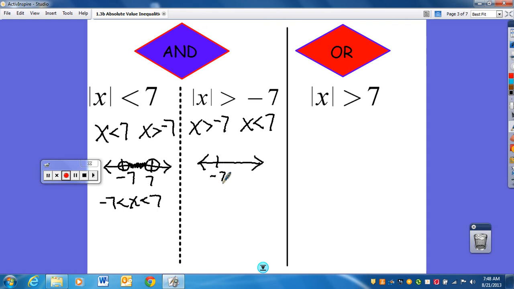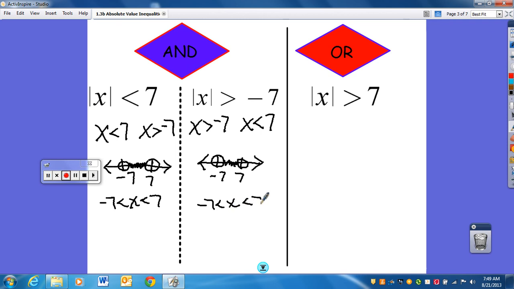We have our tick mark at negative 7 and we have our tick mark at positive 7. And when we have greater than negative 7, we have our open circle shaded to the right, and we have our open circle at 7 shaded to the left. So we can see that we have the same situation as we did in our first example, and we can write that out as our compound inequality.